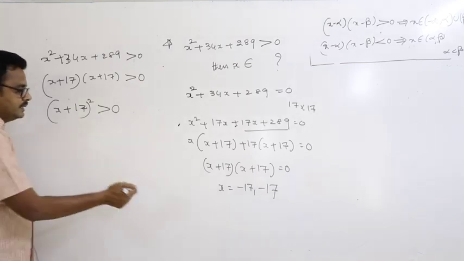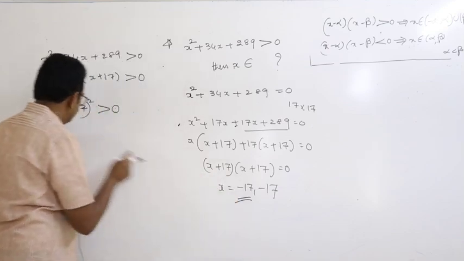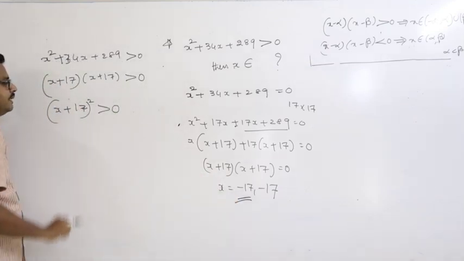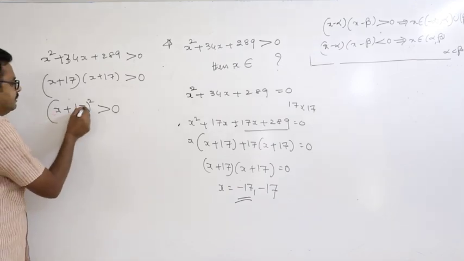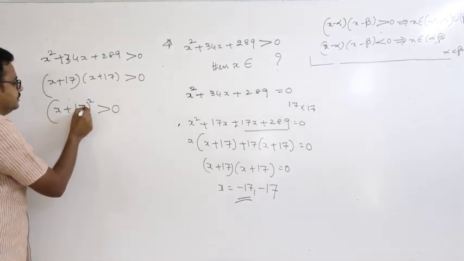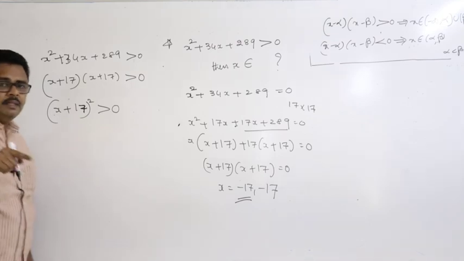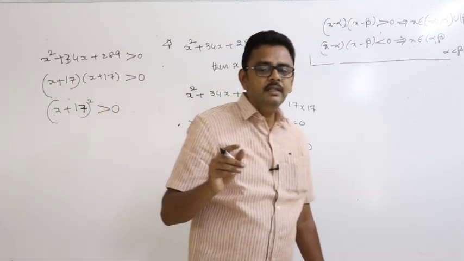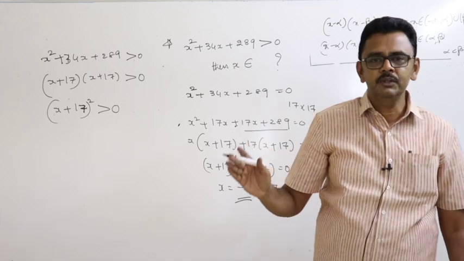If I write x is equal to minus 17, minus 17 plus 17 is equal to 0. Other than minus 17, if I write any real number, that is always positive.